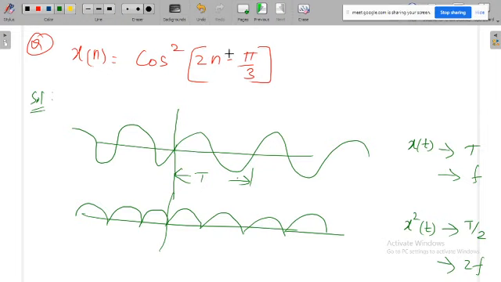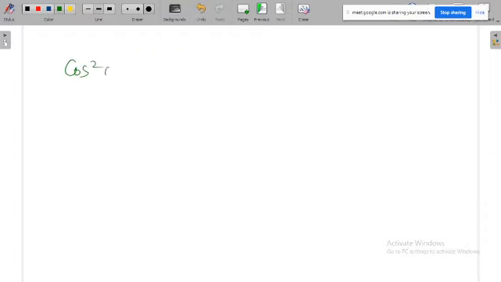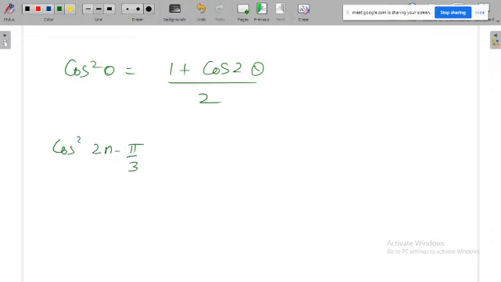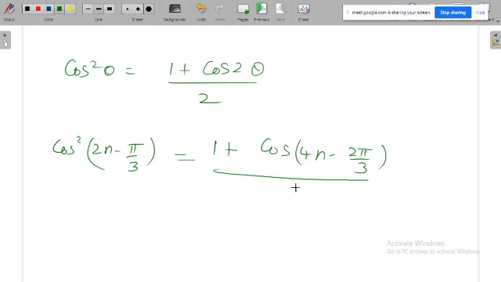Again we already have the standard formula. Once you have cos square, that can be easily represented with trigonometry. Cos square theta is equal to (1 plus cos 2 theta) by 2. So I'll apply that formula. Now cos square of (2n minus pi by 3) is equal to (1 plus cos(4n minus 2 pi by 3)) divided by 2.